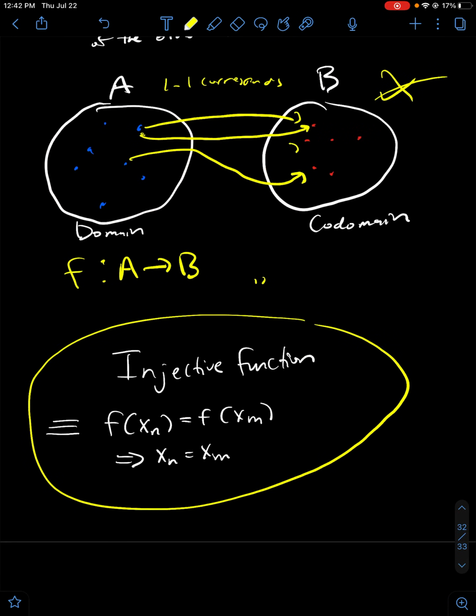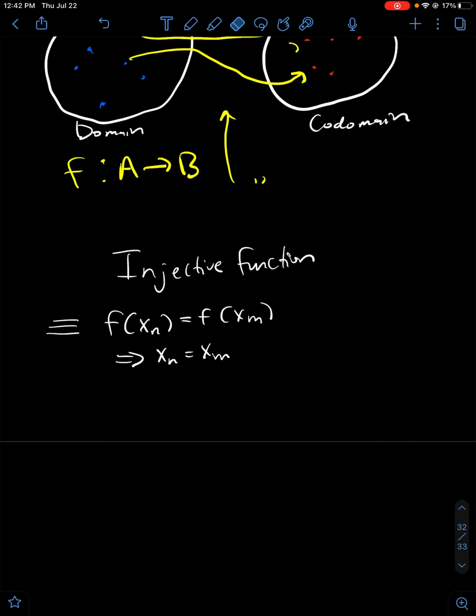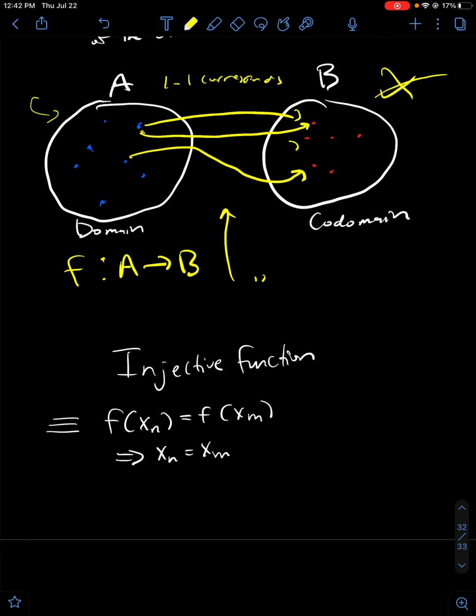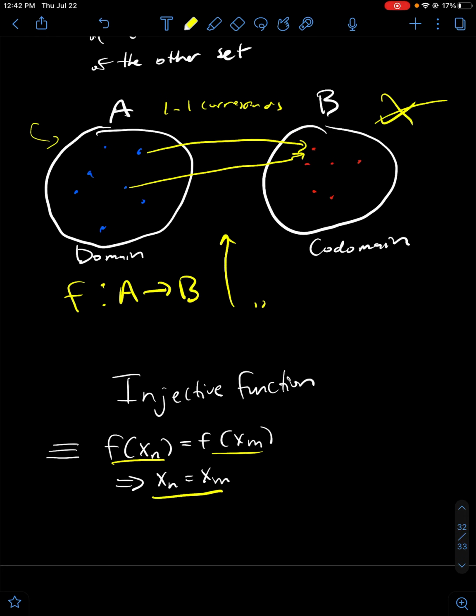So how does this definition capture what I just described? Well, f of x, where x is some member of A. So f of xn, you're taking some point xn, and the function will map it to some point in B. If I have another point that maps onto the same element, that would mean that the function values are equal, and that would imply that xn has to be equal to xm.